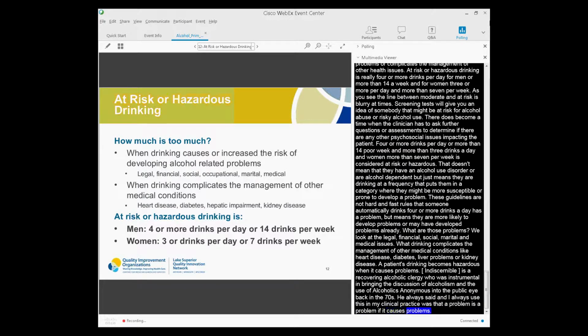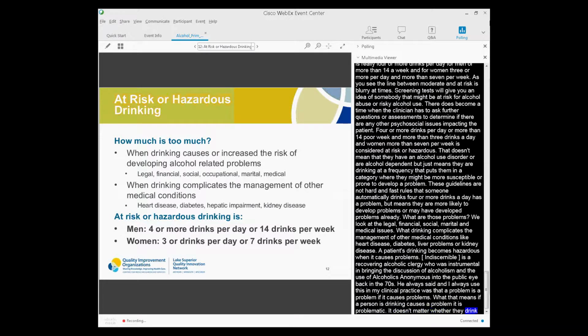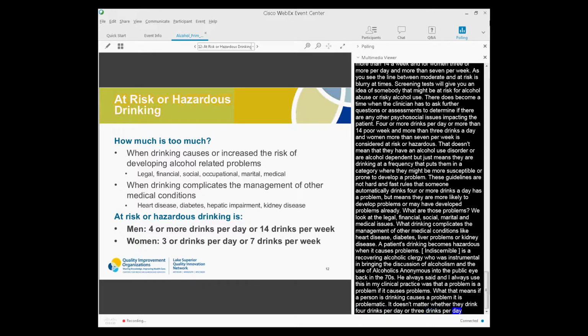What that means, as I interpret it, is that if a person's drinking is causing problems, it is problematic. It doesn't necessarily matter whether they're drinking 4 drinks per day or 3 drinks per day or 12 per week or 14 per week or 22 per week or whatever. It's a problem if it causes problems.